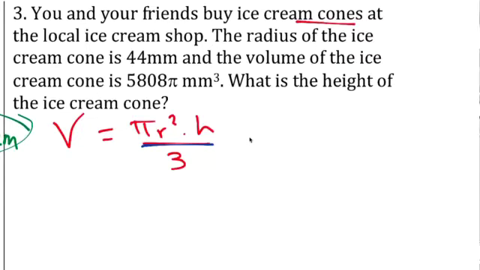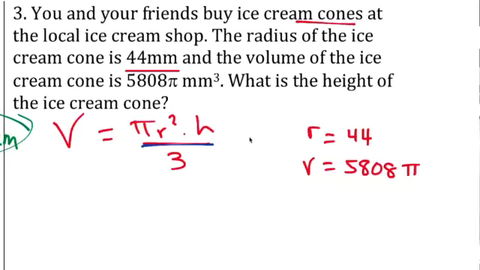You and your friends buy ice cream cones at the local ice cream shop. The radius of the ice cream is this much. Okay, so we know the radius is 44 and the volume of the ice cream is 5,808 times pi. They didn't say what to use, and we're trying to find h, the height of the ice cream cone.